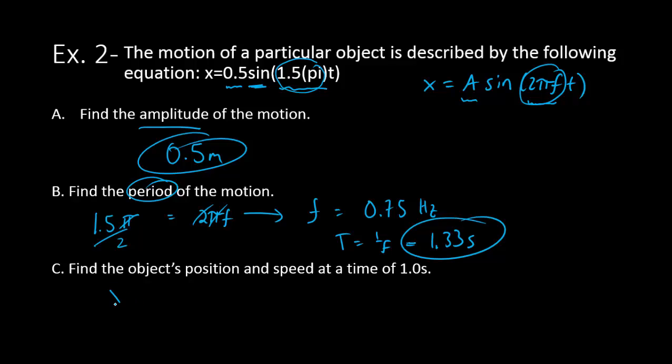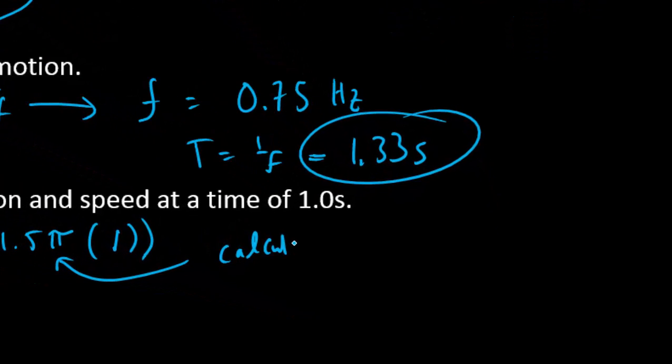So I look at my original equation, x equals 0.5 times sine of 1.5 pi, and then we're going to plug in 1 second for t. So I plug in 1 second. And now I'm going to go to my calculator and make sure my calculator is in radian mode, because we are not using degrees here, we're using radians, 1 pi radians.